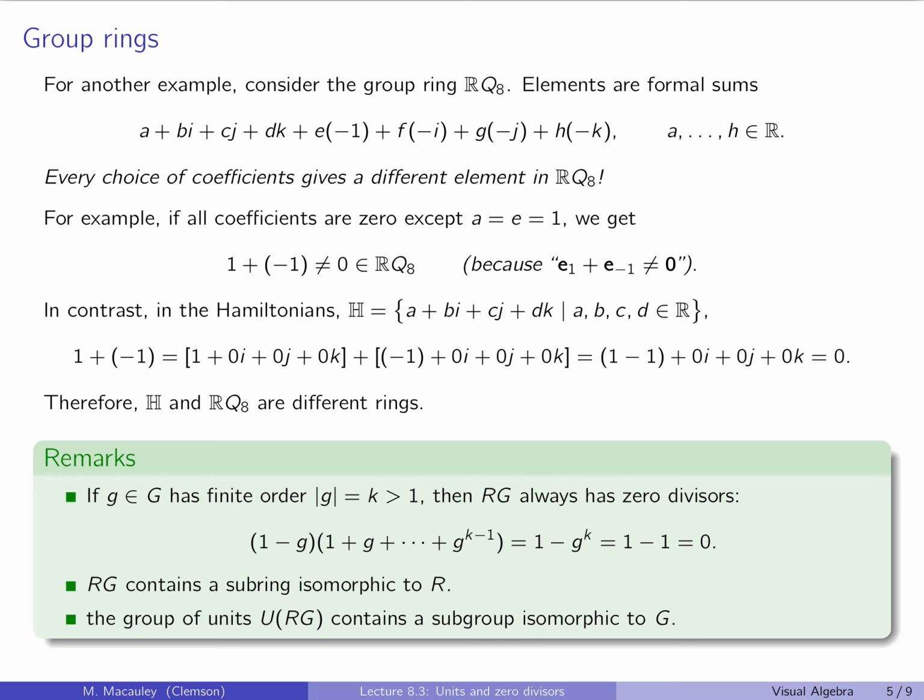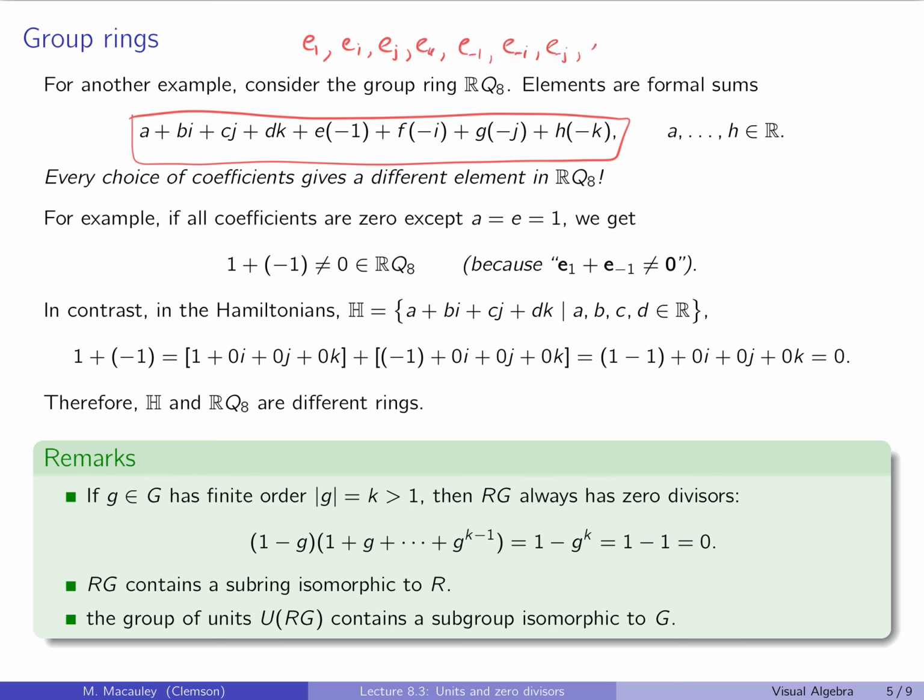Finally, the group of units of a group ring contains a subgroup isomorphic to G. And to see why that is, let's just do an example. This is where it's helpful to think about the elements in here as being generated by the basis vectors: e_1, e_i, e_j, e_k, e_{-1}, e_{-i}, e_{-j}, e_{-k}.